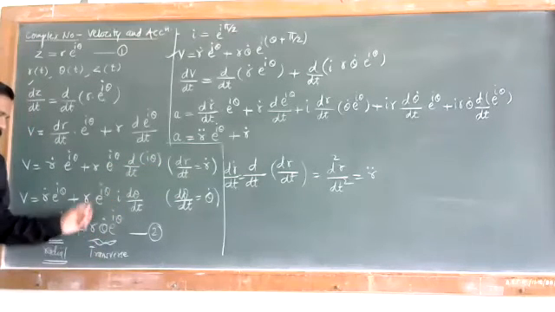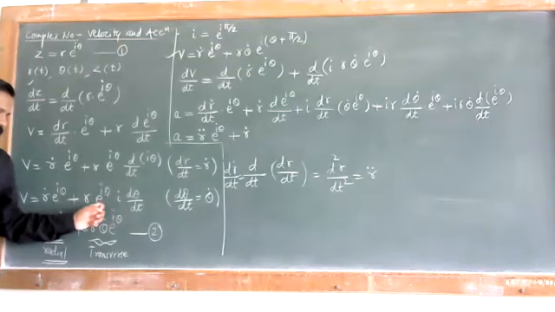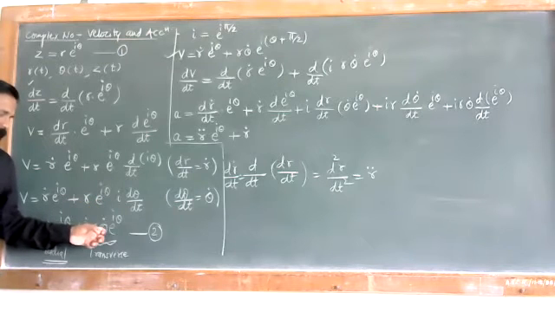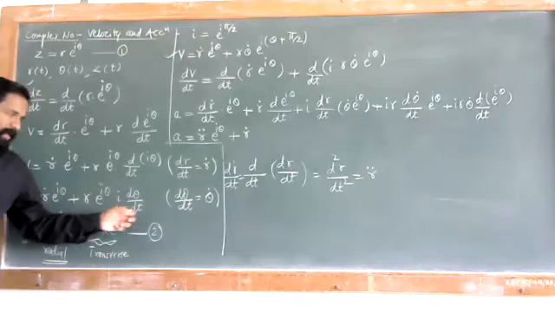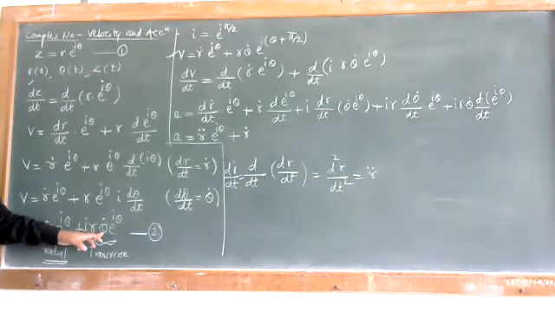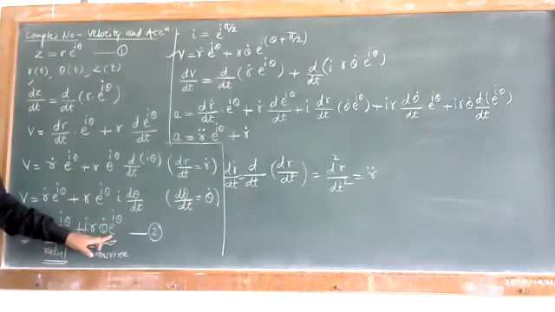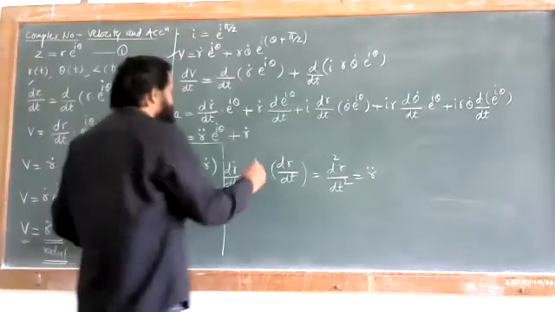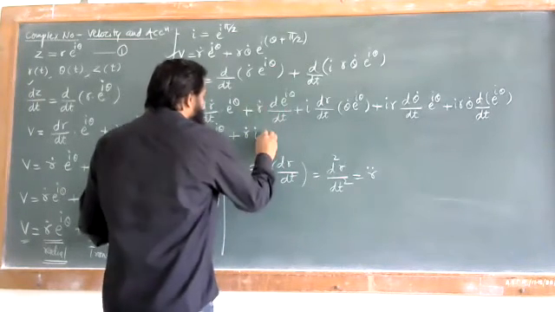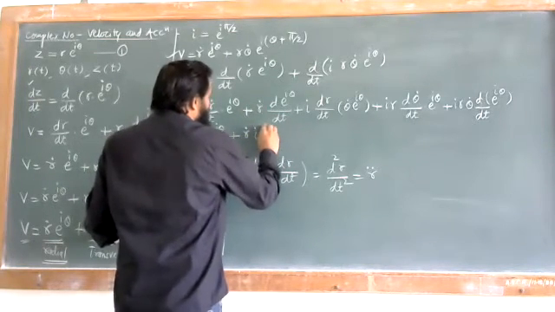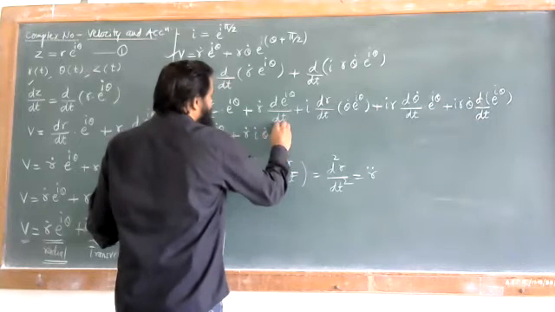That is nothing but i times e raised to i theta into theta dot, that is i e raised to i theta into d theta by dt, and that is nothing but theta dot. So I will write that this is given as i into theta dot into e raised to i theta.